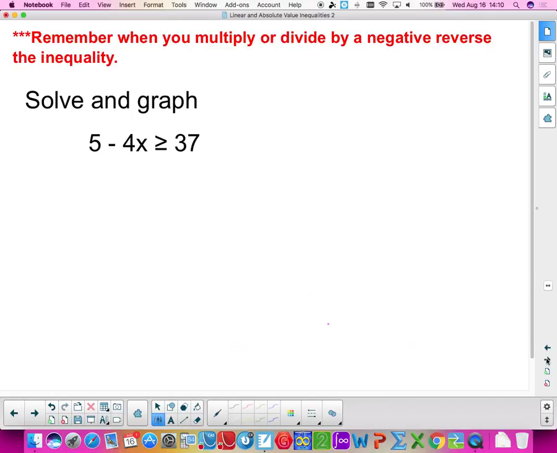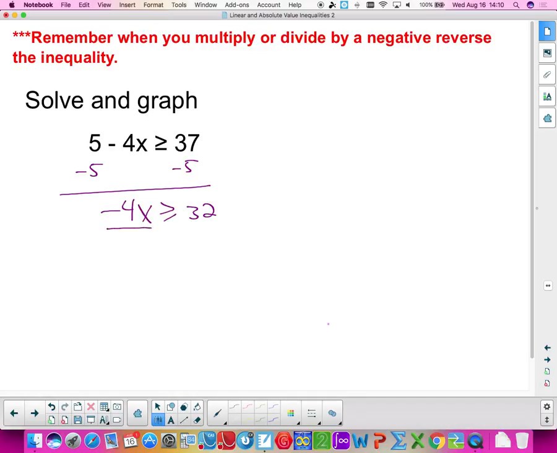How about, so here's one where we have a negative. So this is how it's going to go down. Subtract 5. -4x is greater than or equal to 32.